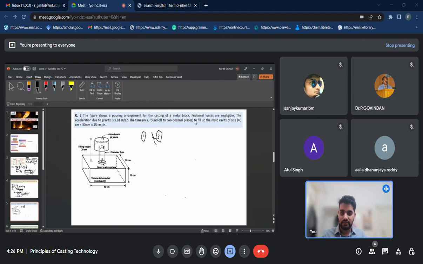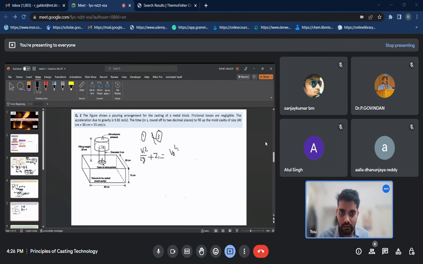We need to write the Bernoulli equation between point 1 and 3. As the pressure is atmospheric, I am ignoring the P atmospheric term.